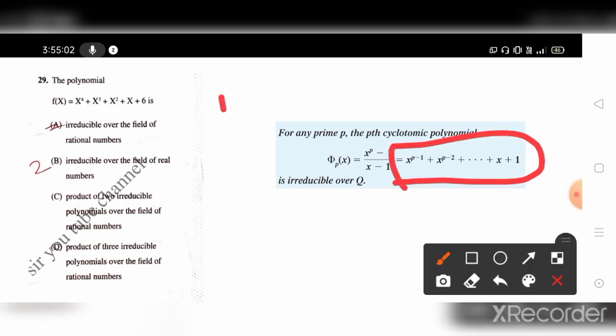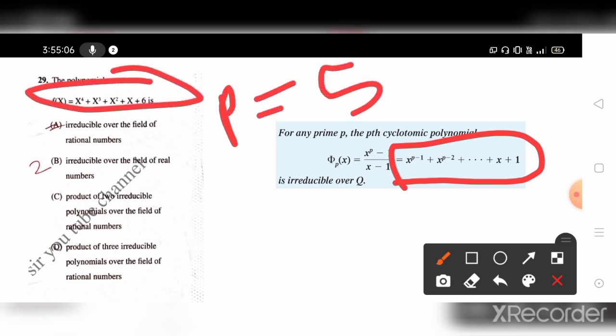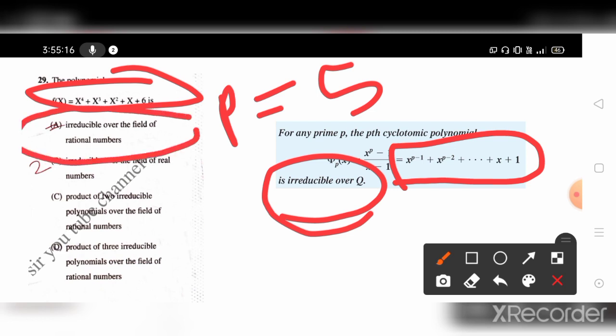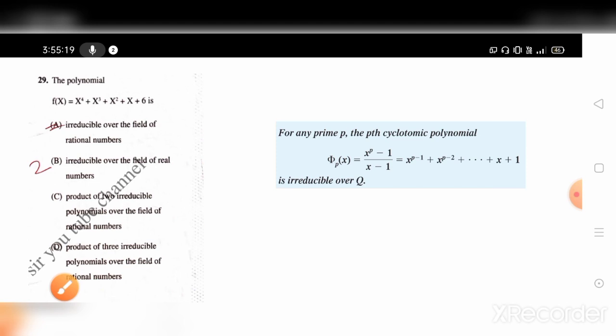Here p equals 5. In this example, x raised to 4 plus x cube plus x square plus x plus 6 is irreducible over Q. Option A given irreducible over the field of rational numbers, Q is the field of rational numbers. So option A is correct.